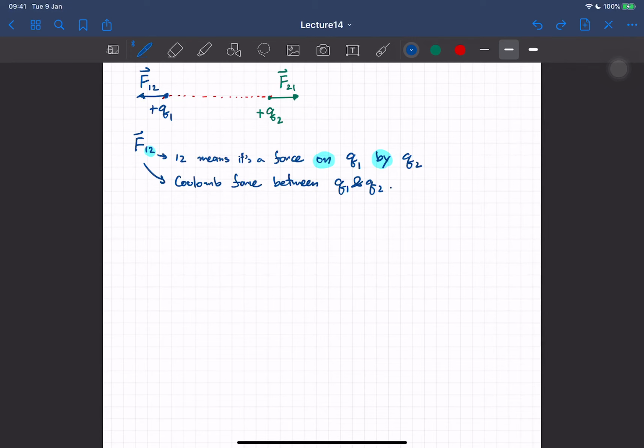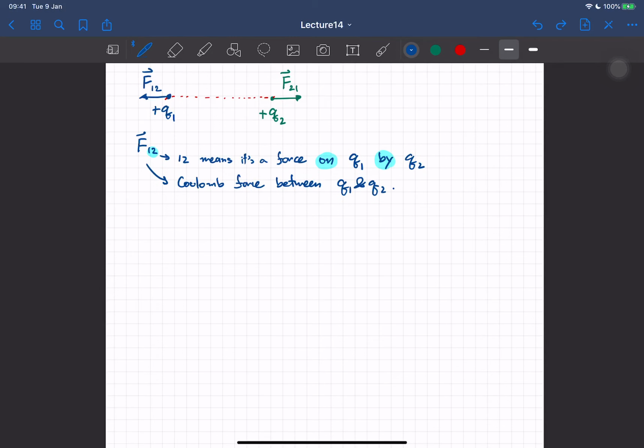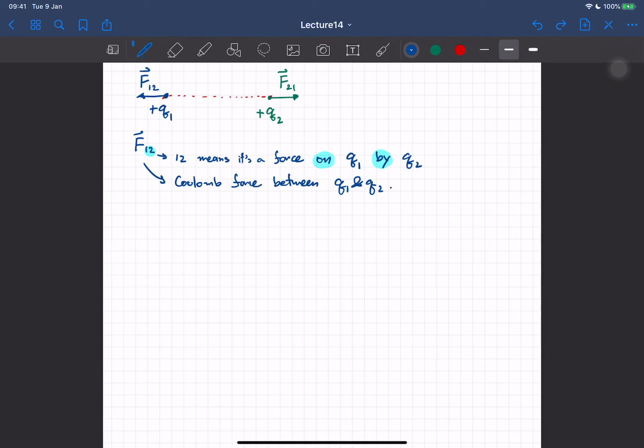So this force always comes in a pair of charges, right? Only one of them is not enough. So this is F12, and we have here F21, right? Using the same kind of definition, F21 means it's a force on Q2 by Q1.